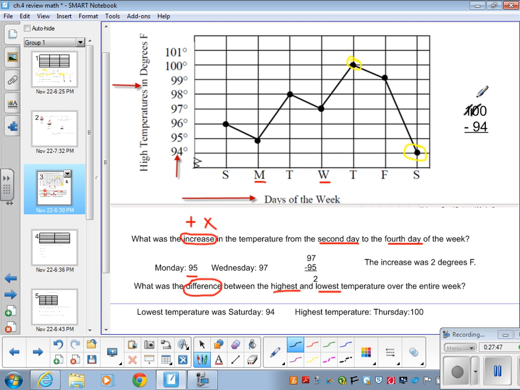So I have to cross out this 10, make it an 11, and make this 0 a 10. Whew. Now I can take 4 from 10, which is 6. Let's try that 6 again. And 11 minus 9: 9, 10, 11, which is 2.